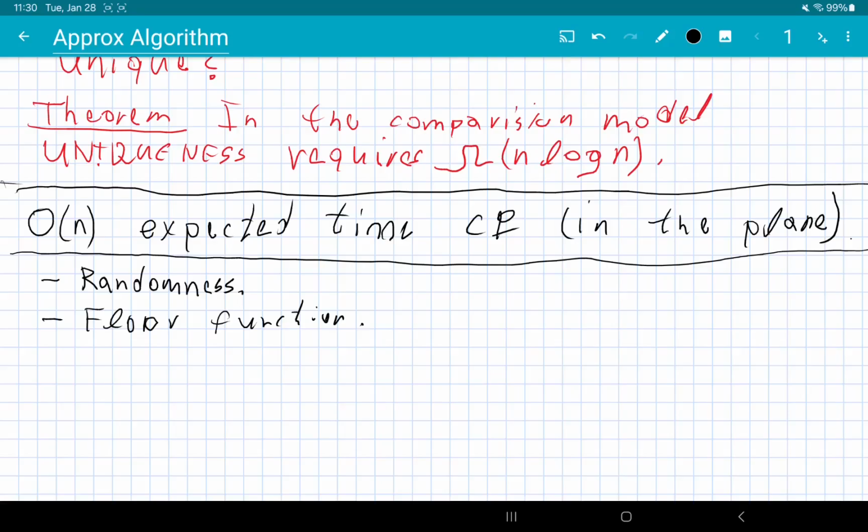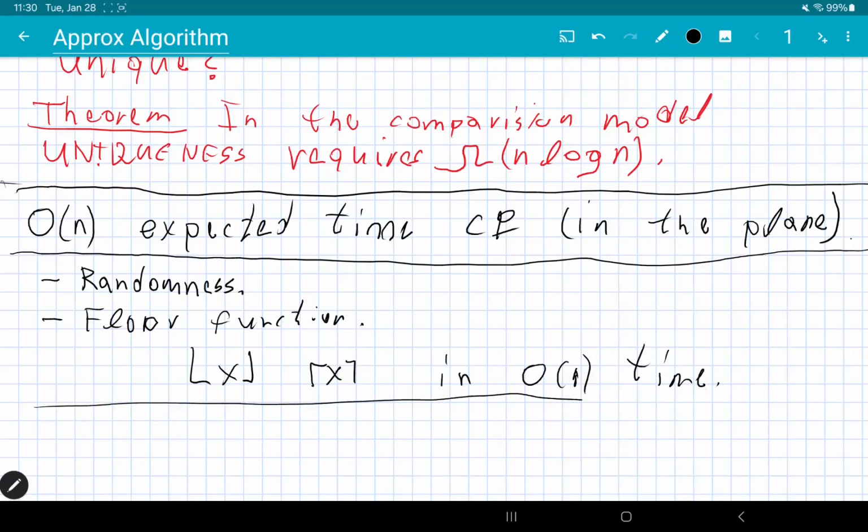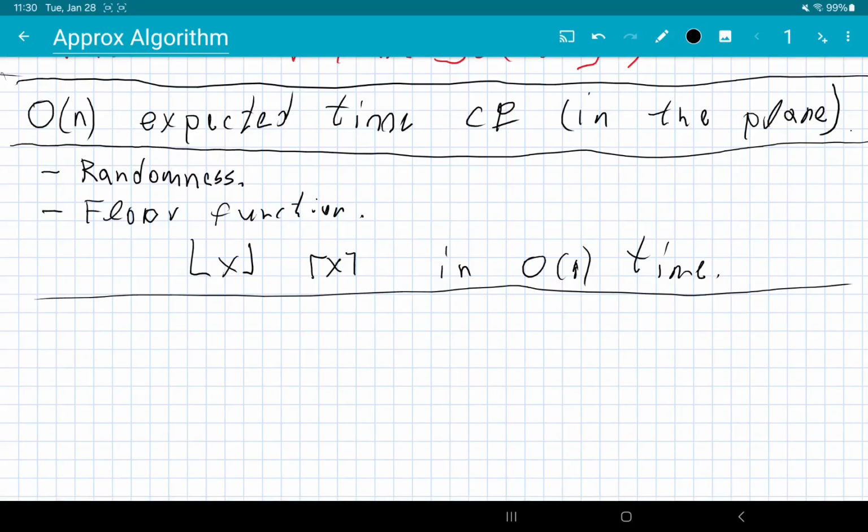This is not something that our algorithm really does, and in practice the floor function is fine. So we're just going to assume that given a real number x, we can compute its floor, or if you want, its ceiling, in constant time. And this is, of course, completely realistic, because any modern CPU would have an assembly command that does that. So that's all good.